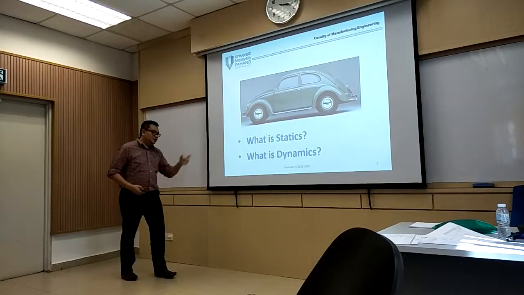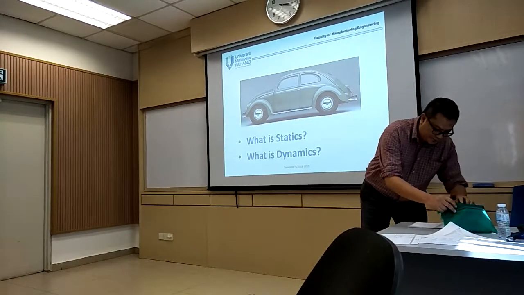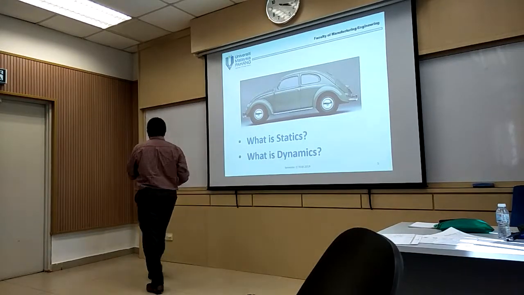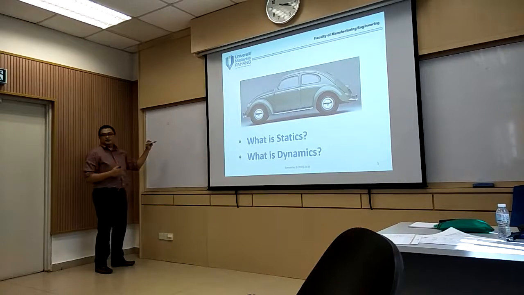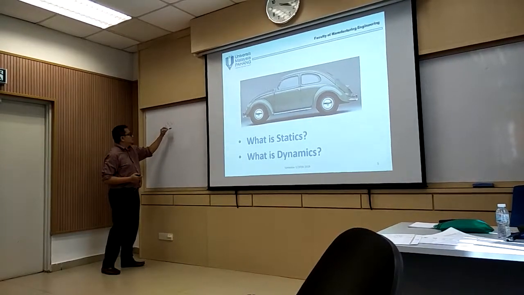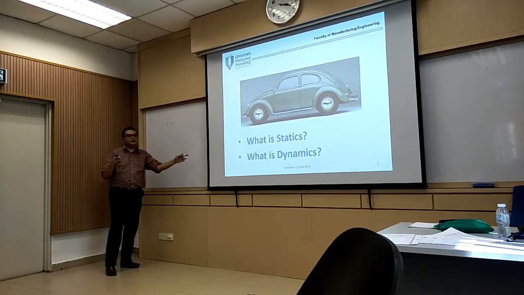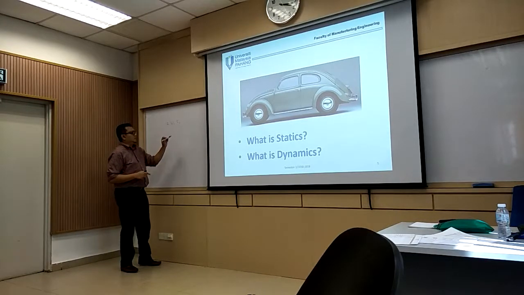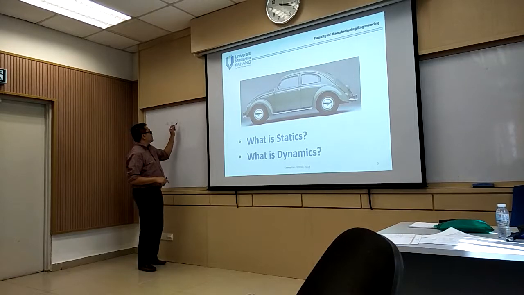So when the car moves, sometimes it has constant acceleration, right? It will have acceleration. It will have what? Velocity. When the car moves from one point to another point, it will have distance and direction.